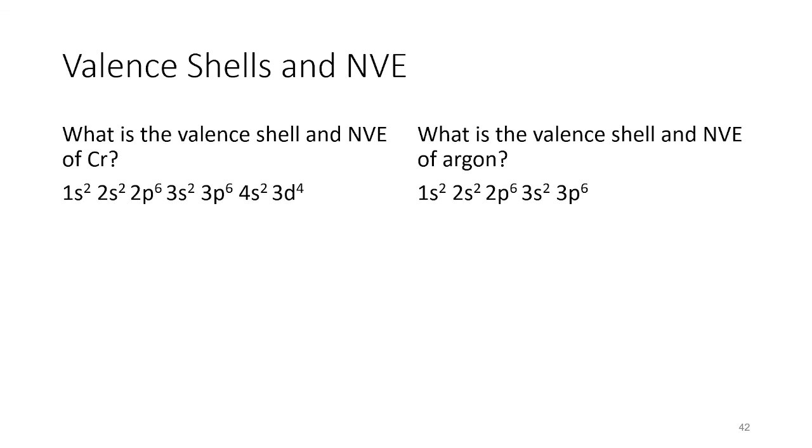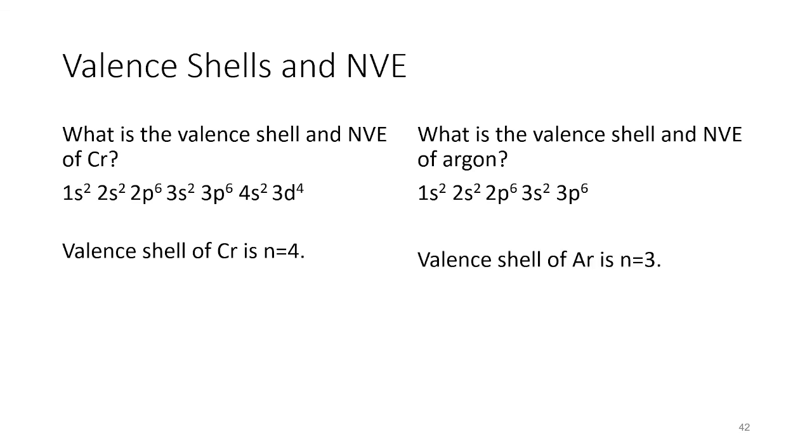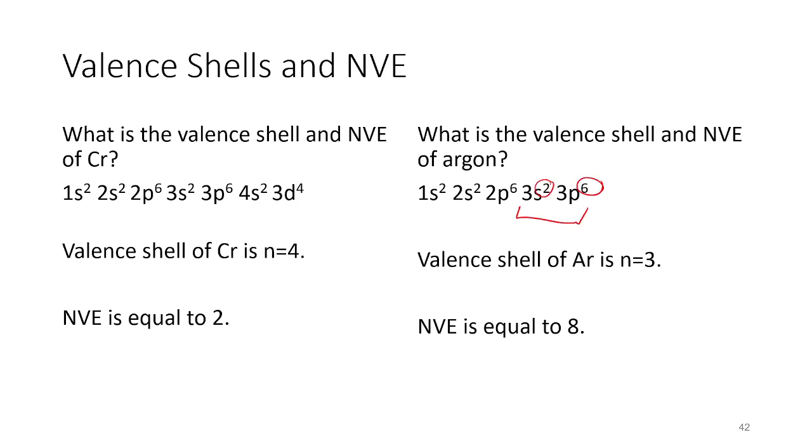If you look at chromium, the valence shell of chromium is 4, and the valence shell of argon is 3. Okay? NVE of chromium is 2, and the NVE of argon is 8. Why 8? Because we have here 3s2, 3p6. 2 plus 6 is 8.